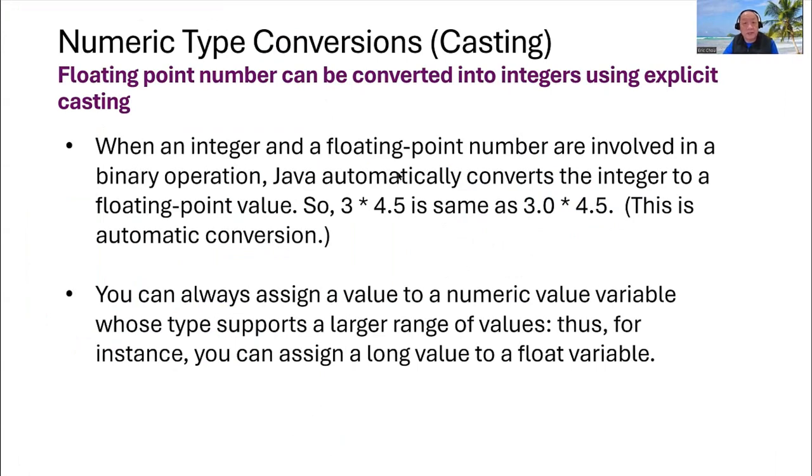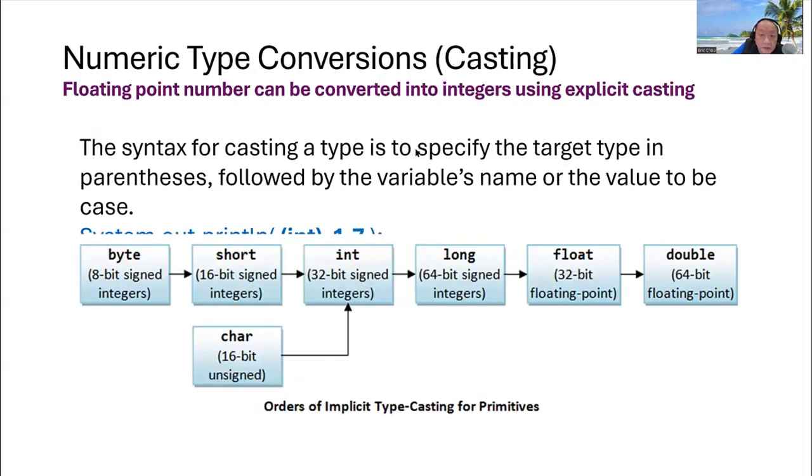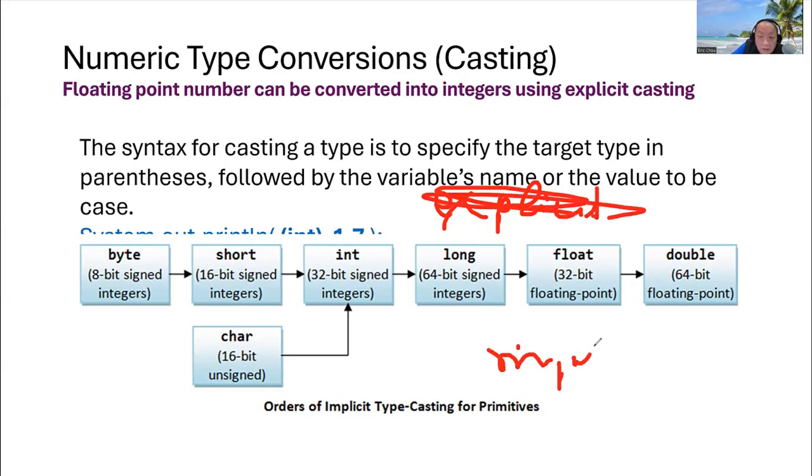So the next one is casting. Casting is that you force the data from one data type to the other. If you don't do casting, we call it implicit casting.